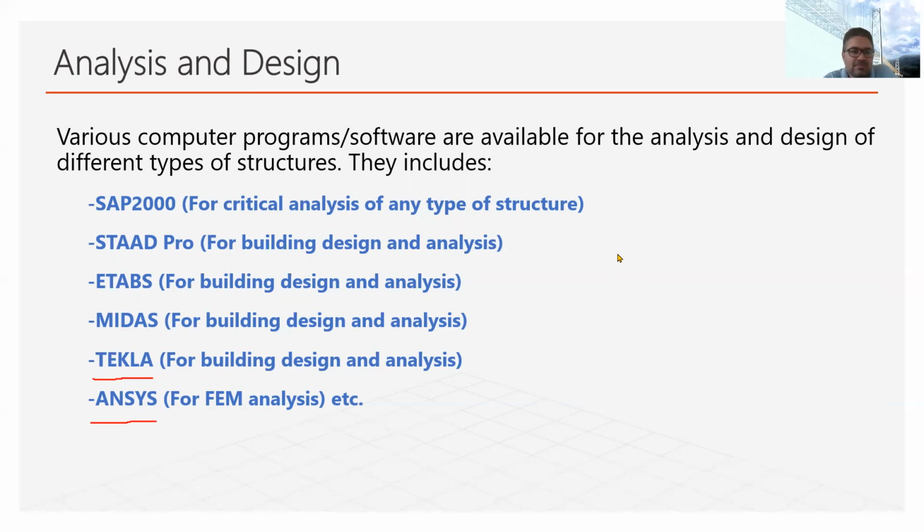ANSYS is basically software based on finite element method analysis, finite element modeling analysis. So ANSYS is again a very important software, but from the structural design point of view, the other software that I have discussed are mainly used.